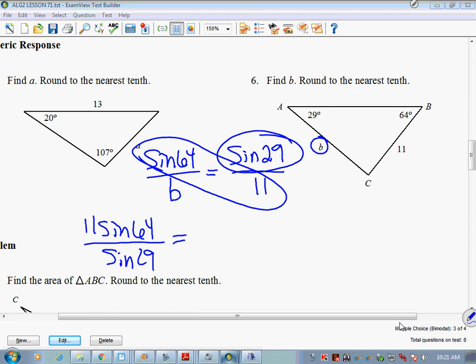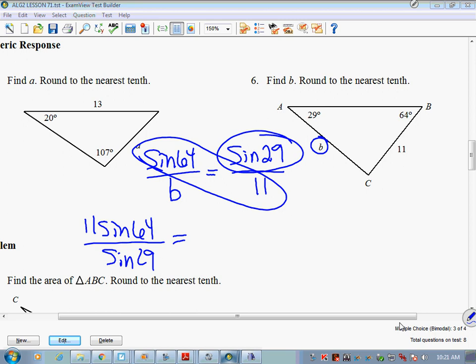Sine 29. Okay, so we're not closing up our parentheses. Let's do 11 sine 64. All right, you see how you didn't close that parentheses? We need to close that, divided by sine 29. Okay, see how much different that answer is?